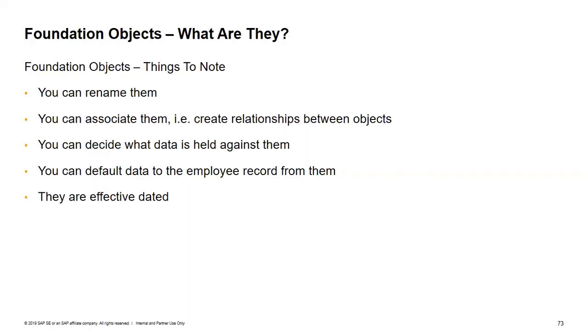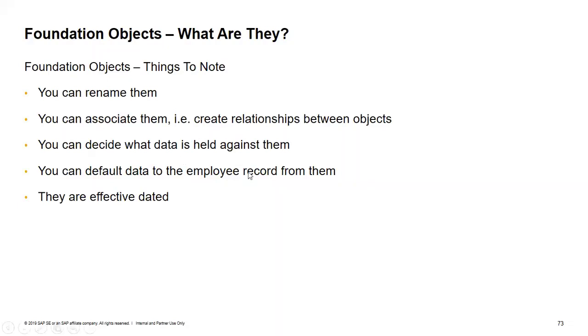If you have renamed an object from location group to city, all of those that you create with that object are now cities, not location groups. Division you have changed to function, so all of those objects that you create on that screen are now called functions, not divisions.